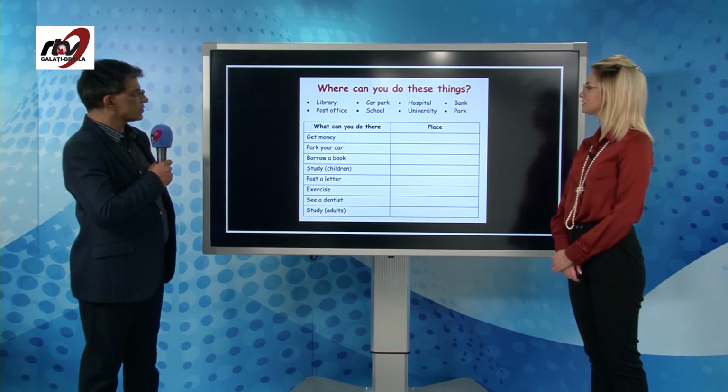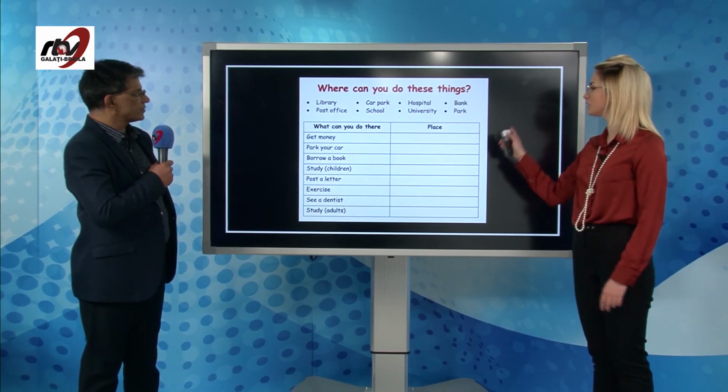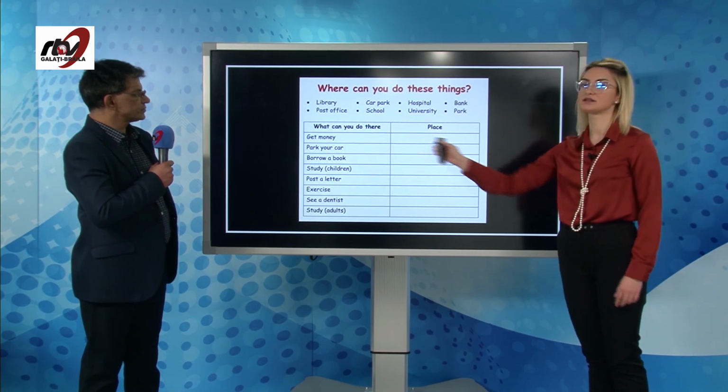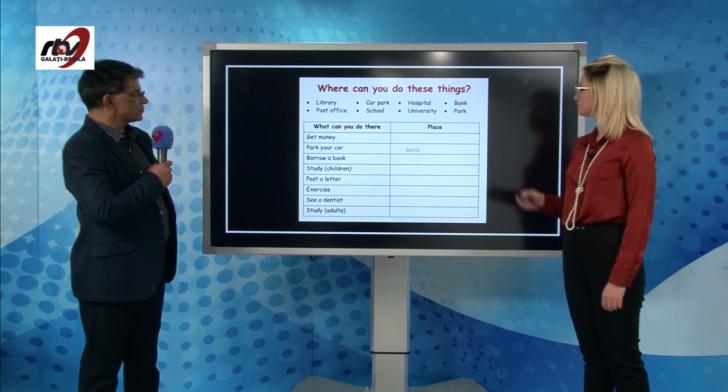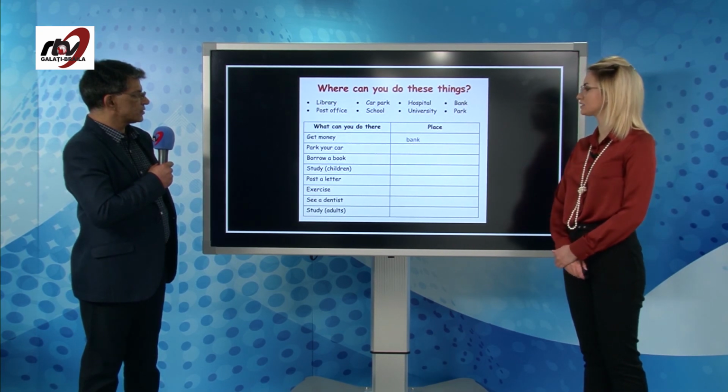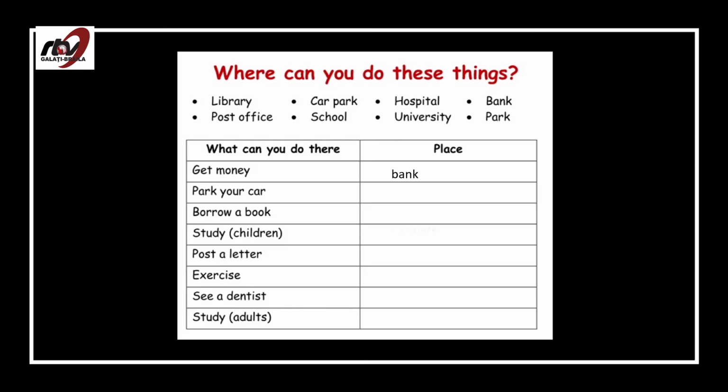All right, for the next activity, we have to find the right places for these activities in the first column. So where we can get money, of course, at the bank. Where can you park your car? In the car park, of course. Where can we borrow a book? Library. And where do children study?